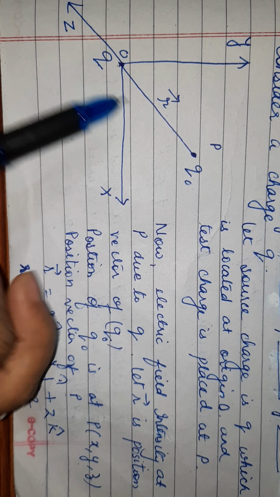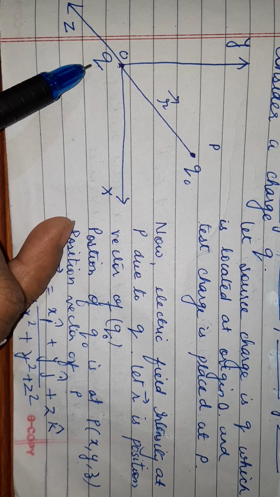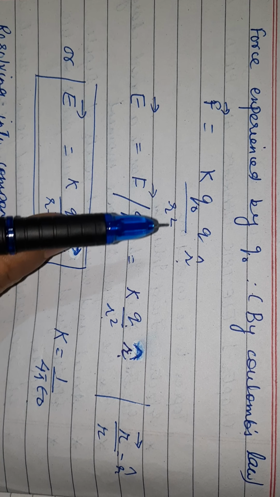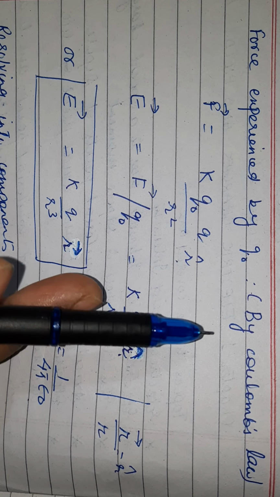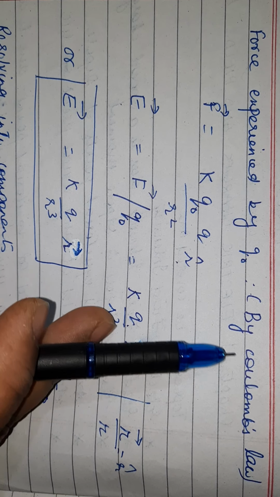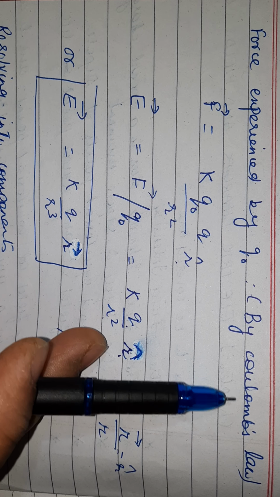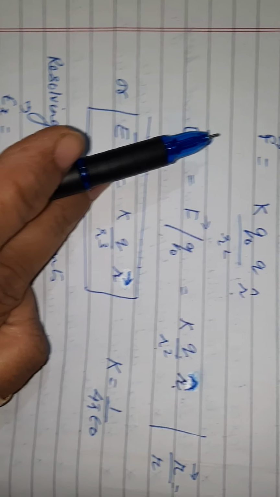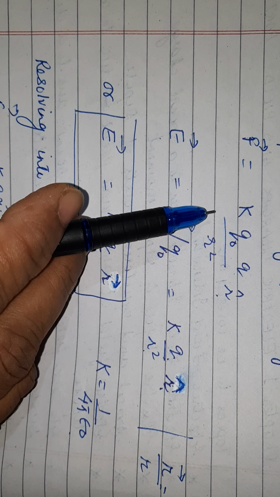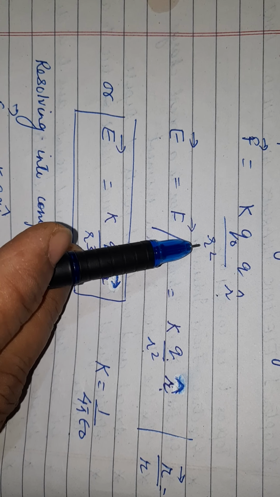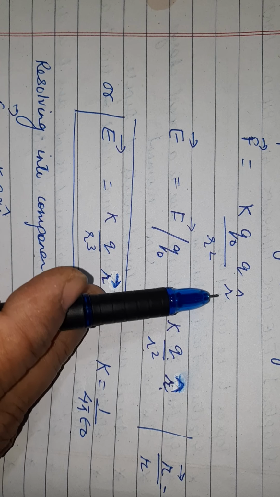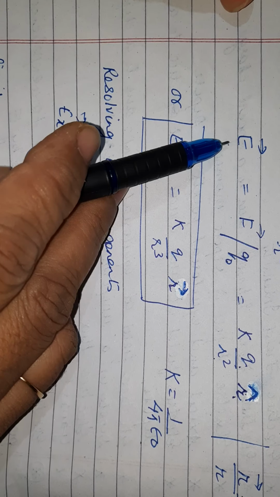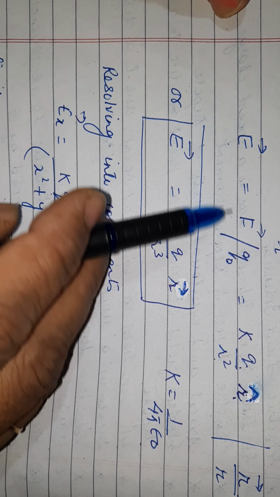Now we will find the force experienced by Q0 due to Q. The force experienced by Q0 will be found by Coulomb's law. Here you can see F is equal to K Q0 Q upon R square times the unit vector. Then electric field intensity is force per unit charge.